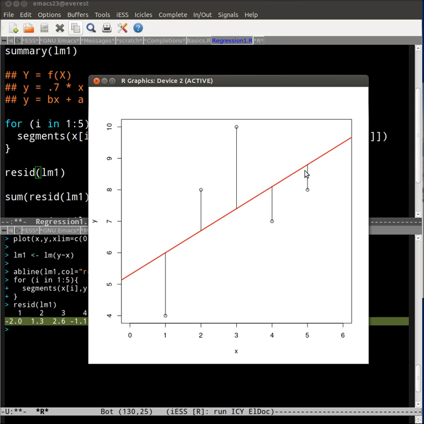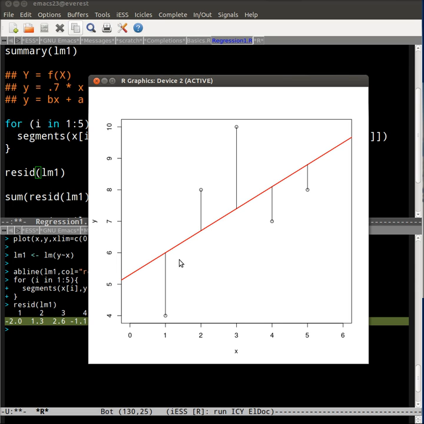So the signs here are related to where the observed value falls. The way I always remember this is positive residuals are above the line, negative residuals are below the line. Residuals play an important role because these are essentially the errors of estimation, where the expected value deviates from the observed value.